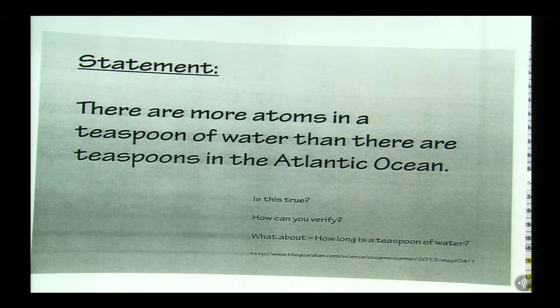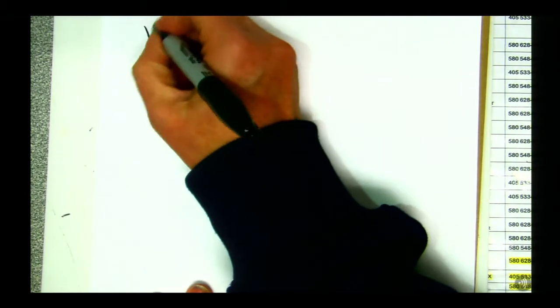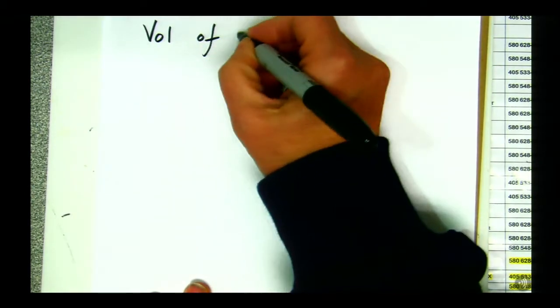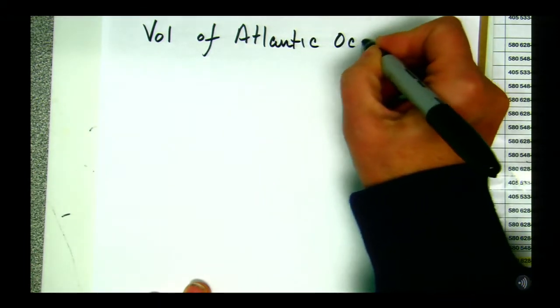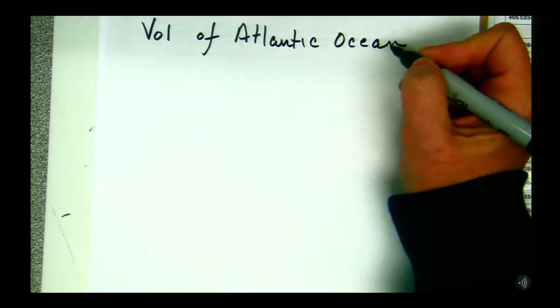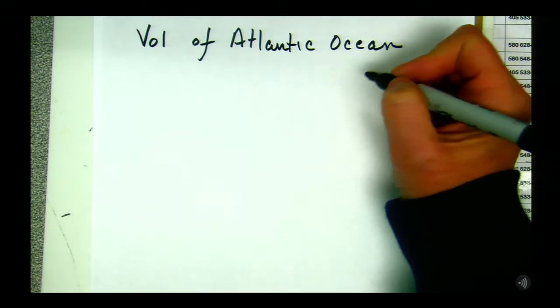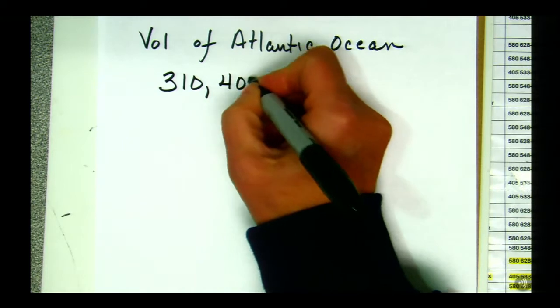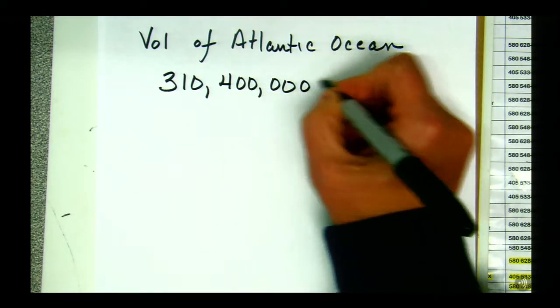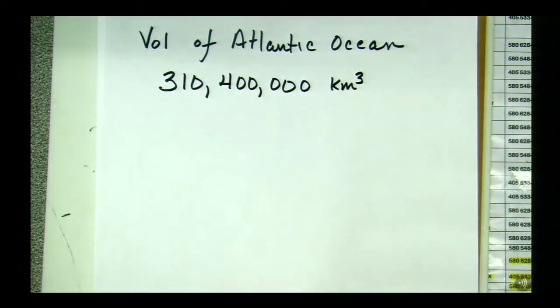So I went to NOAA. I actually did go to NOAA. And NOAA tells you the volume of the Atlantic Ocean, that happens to be NOAA's number for the volume of the Atlantic Ocean.